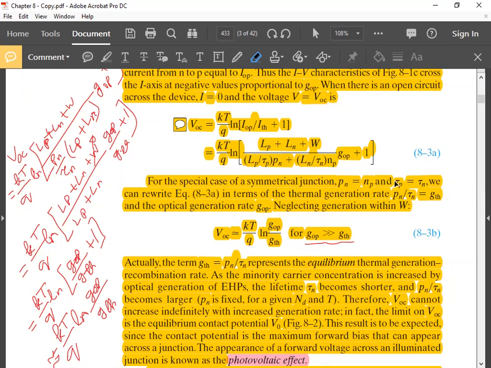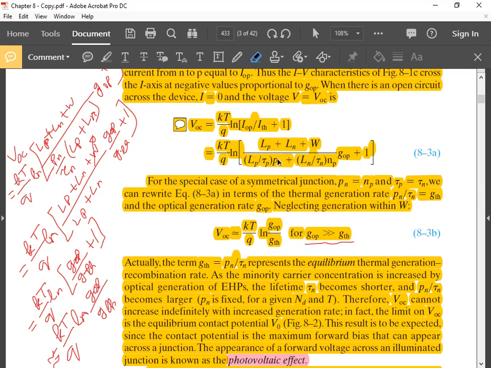And recombination lifetime actually depends on carrier concentration. So for a symmetrical junction, pn equal to np and tau p equal to tau n, we can rewrite this equation. Instead of tau p, we put tau n, and instead of np, we put pn.